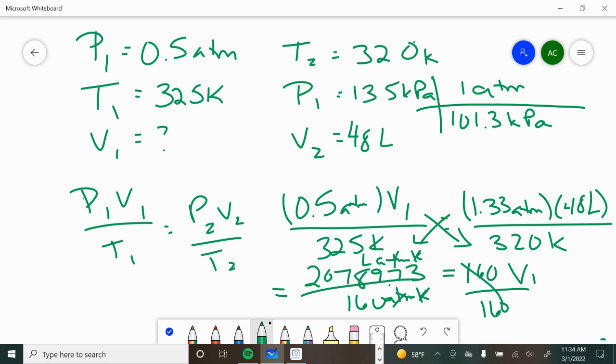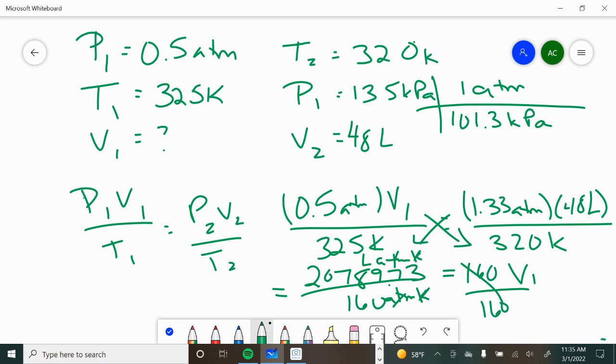2078973 divided by 160. That doesn't seem right. I missed a decimal somewhere. 1.33 times 48 times 325.